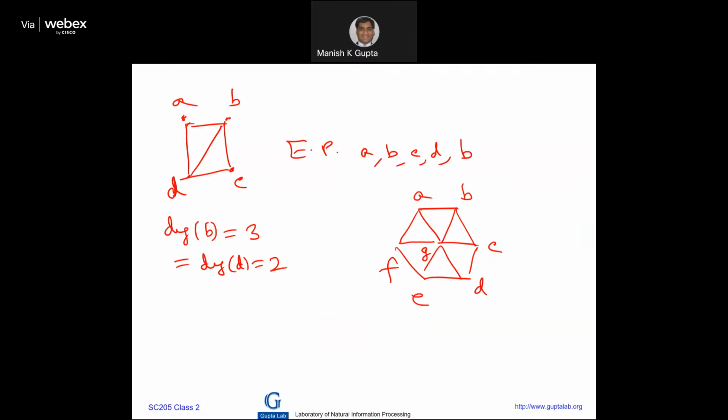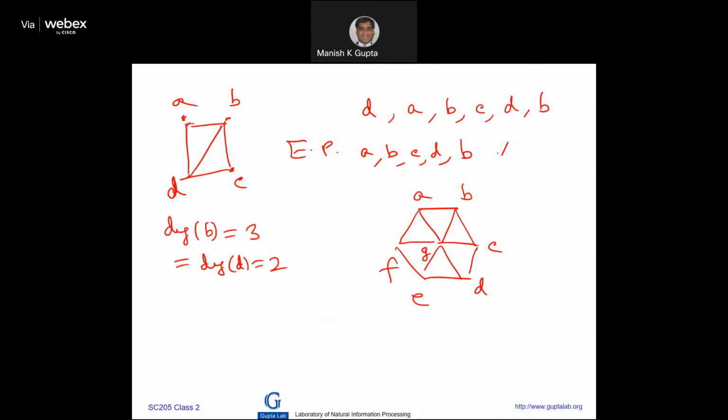Can it have any other Euler path? A, B, C, D, and B. Yeah, I think this is not a Euler path.